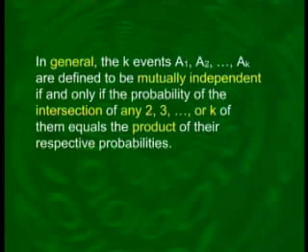In general, K events A1, A2, so on up to AK will be defined to be mutually independent if and only if the probability of the intersection of any 2, 3, so on up to K of them equals the product of their respective probabilities.